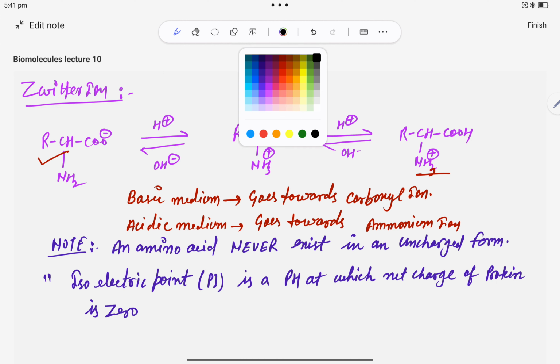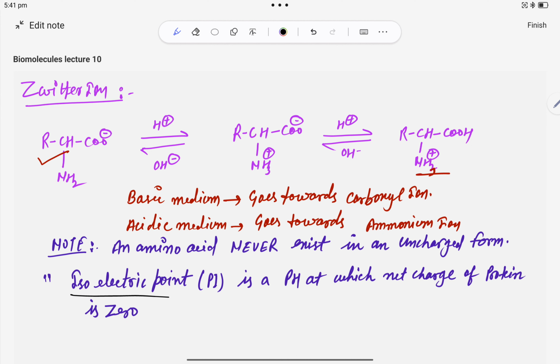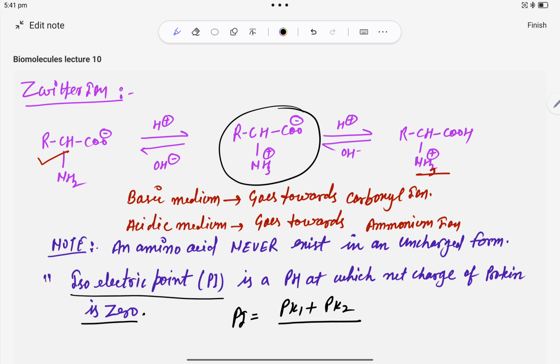So what is the important thing, children? Isoelectric point is the pH at which net charge of protein is zero. Check it here, net charge is zero. So how to calculate? Isoelectric point is equal to pK1 plus pK2 by 2. Here this is K1 and this value is K2. So this is the information. It's kind of theoretical things you can read and learn.